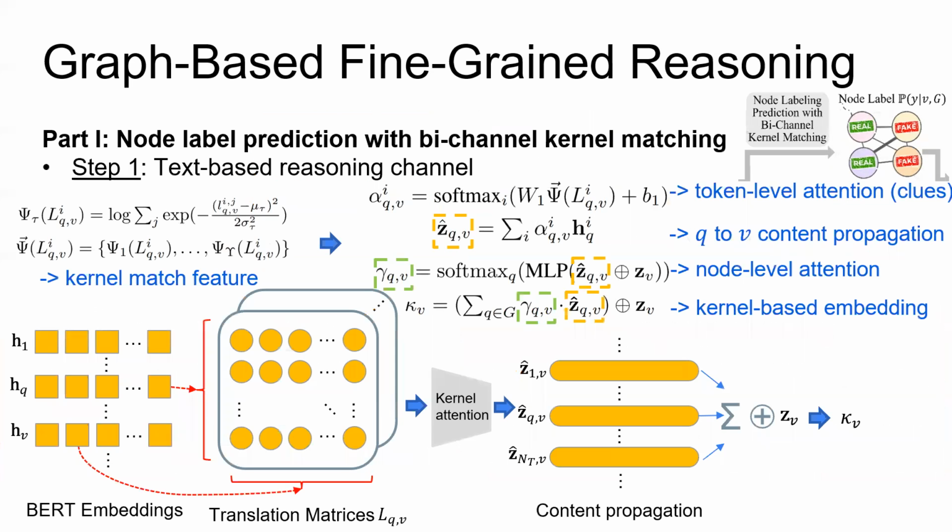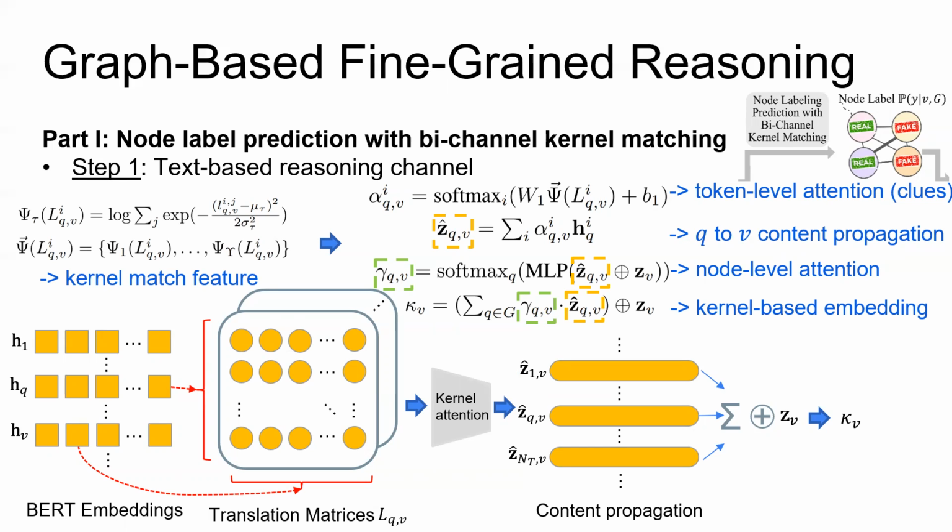Then the first step is node label prediction with kernel matching. This is actually a very intuitive illustration of how the kernel attention works. Each evidence node, the textual information of each evidence node, is represented as H1, HQ, and HV, something like that.